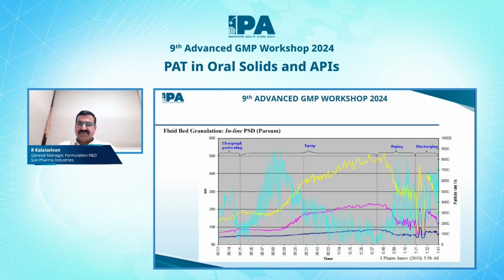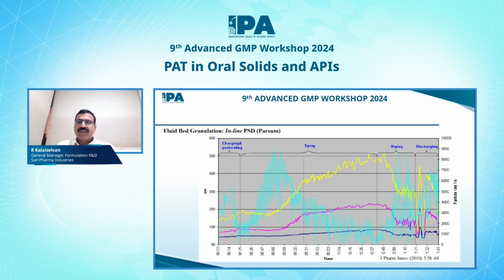Next slide, please. In this way, it saves time and money, and we can justify implementation this way. And this is fluid bed granulation. Previously, we saw fluid bed coating. This is fluid bed granulation with an inline PSD tool. Here, this is a typical diagram, and it is clearly explained in the guideline.